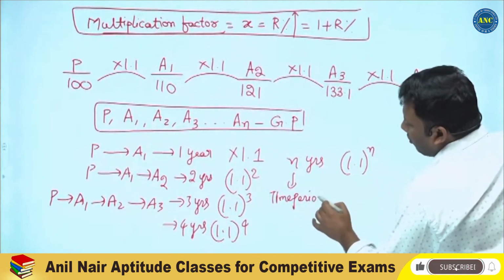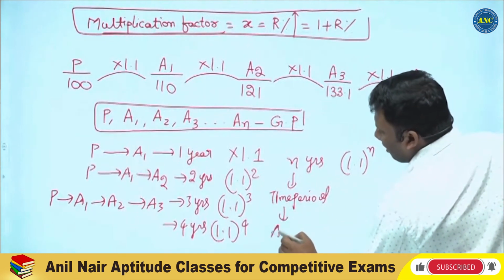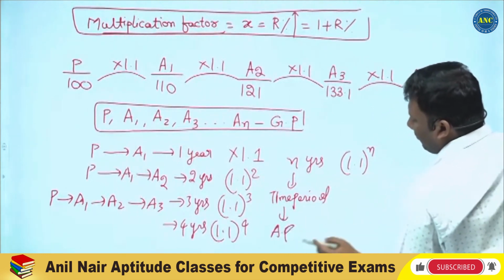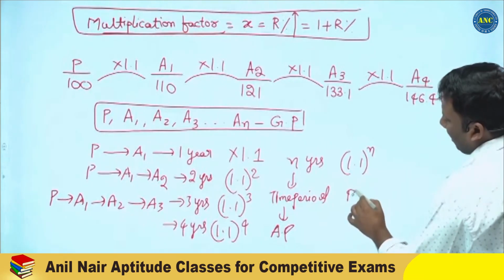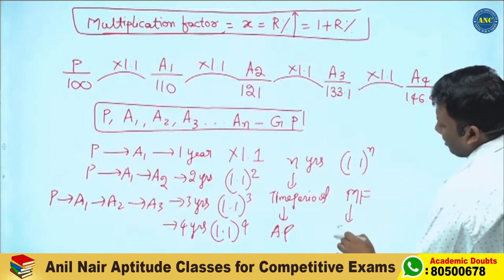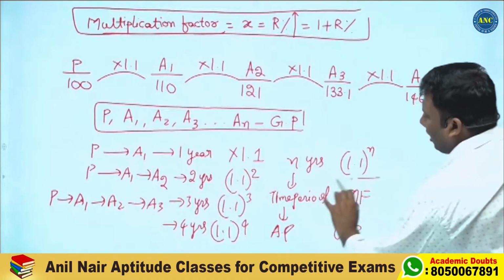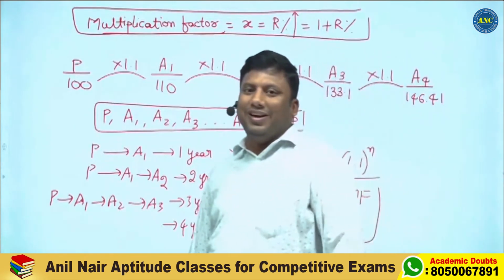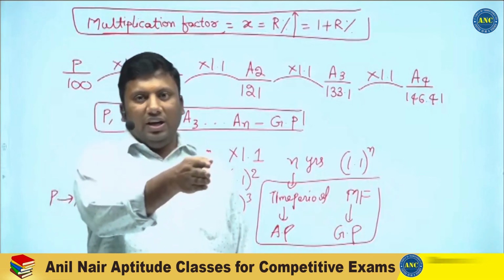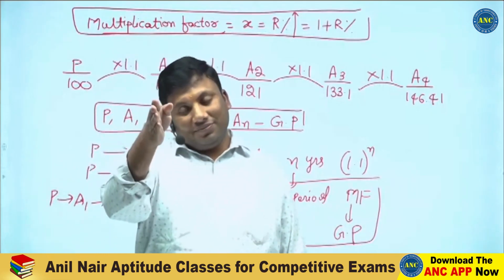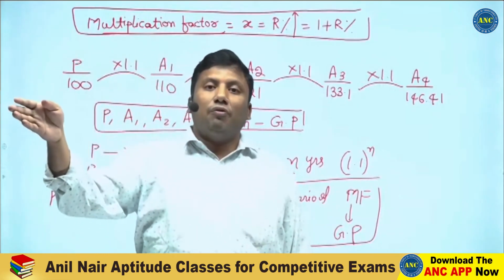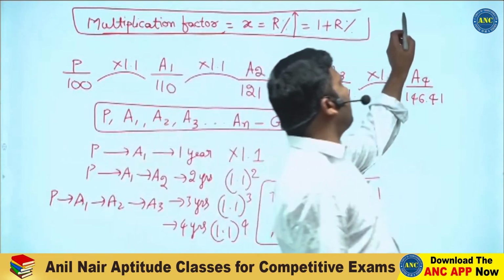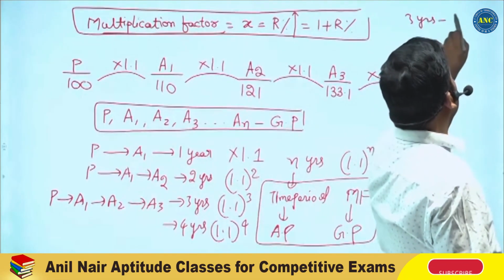So we can tell that time period is going in arithmetic progression, whereas multiplication factor is going in geometric progression. For example, 3 years, 2 times.